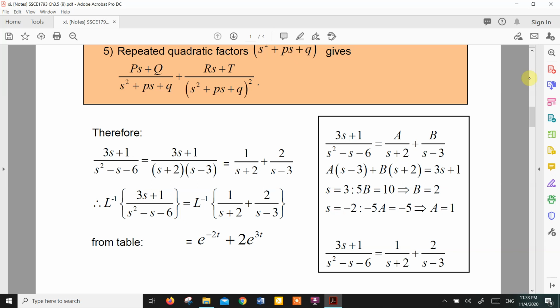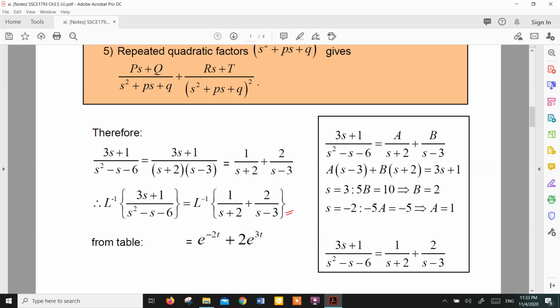Then you solve for A and B. You will get A equals 1, B equals 2. So you will get the new function, which is 1 over s plus 2 plus 2 over s minus 3.